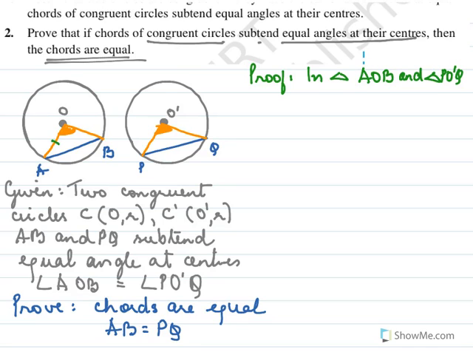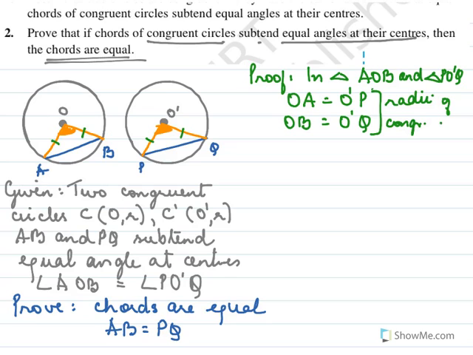Now we know OA equal to OB equal to OP equal to OQ because they are radii of congruent circles. So we have OA equal to OP and OB equal to OQ. Radii of congruent circles. So these radii here, this equal to here, equal to this, and equal to this.